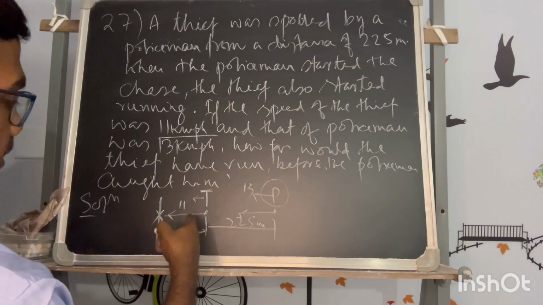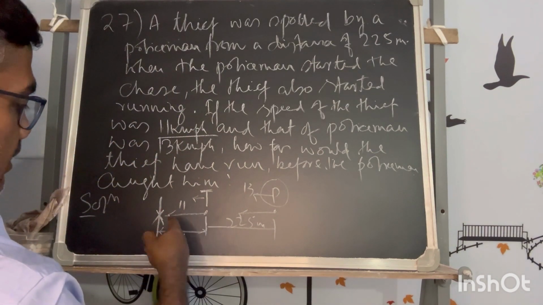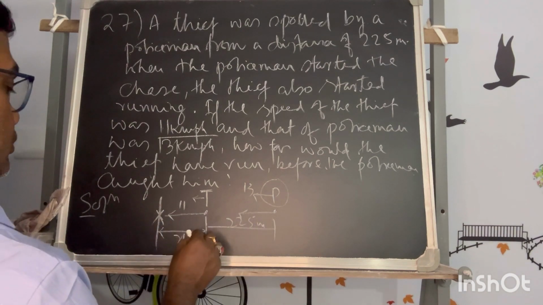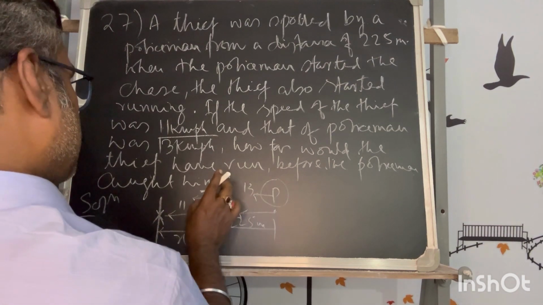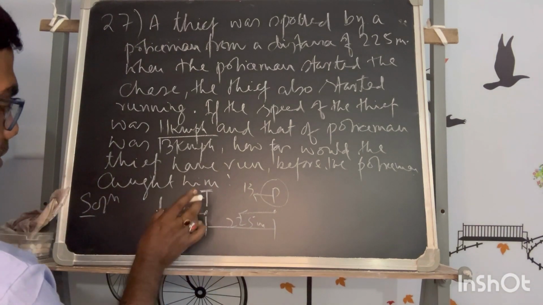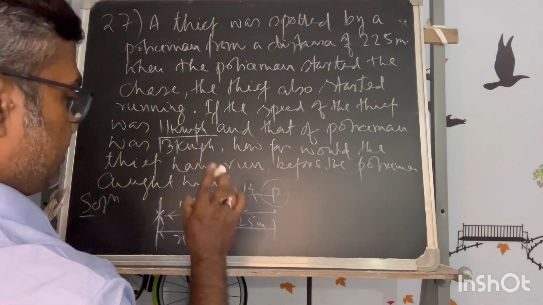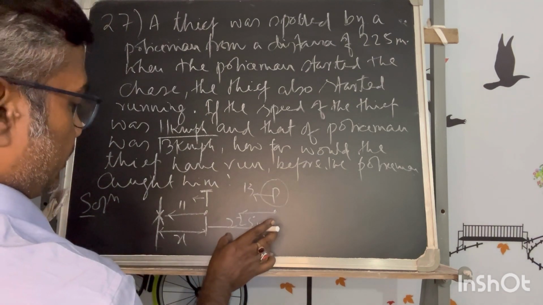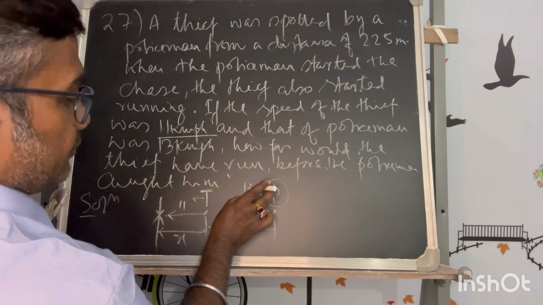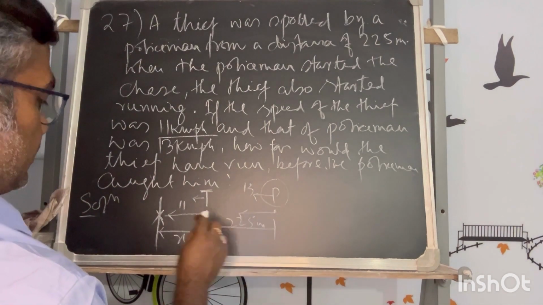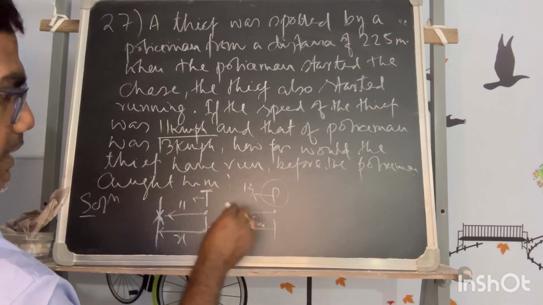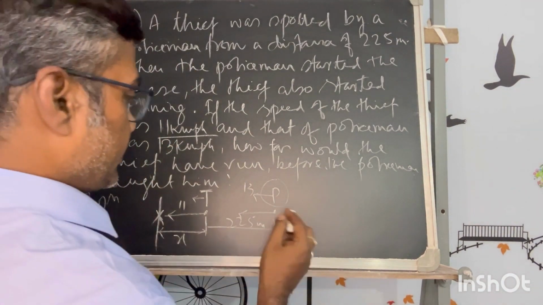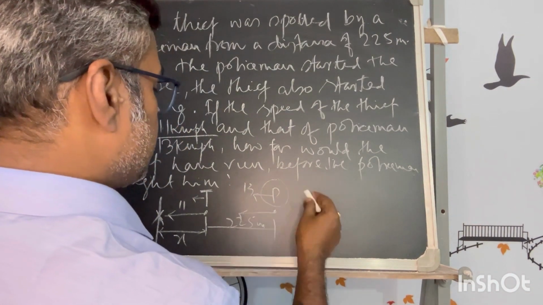So if you assume that the police have caught the thief, the time taken by the thief to move the x distance with the speed 11 is the same time in which the police have to move 225 plus x with the speed of 13. So when they meet at a point, the time has to be the same, because they are running for the same time, but the distances are different.